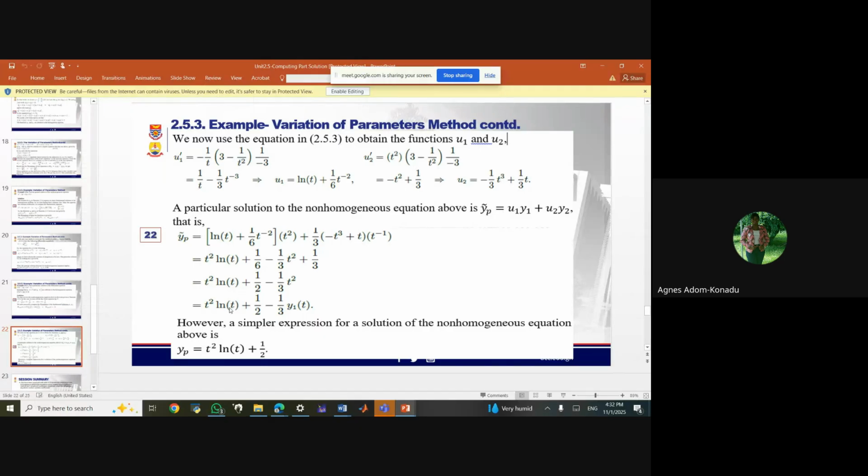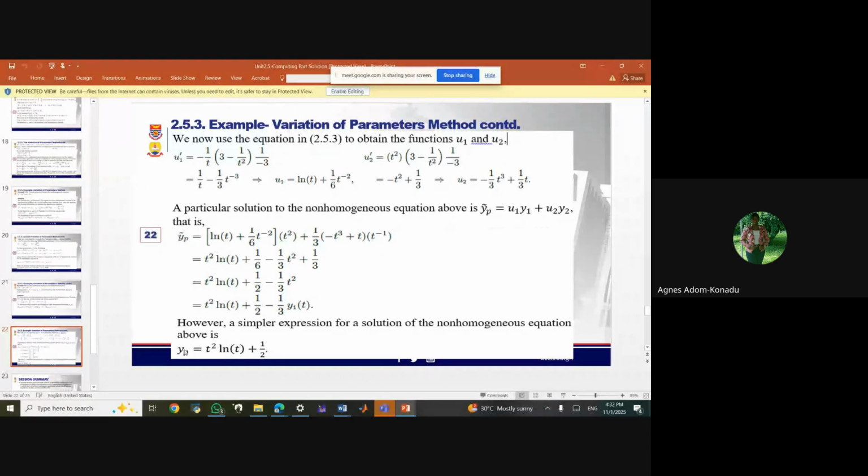You take your time to see. I have a simple expression for the solution of the equation above, which is given by this. So what we are saying is we can simplify this to get this. Take your time to simplify. So that is for my y sub p.